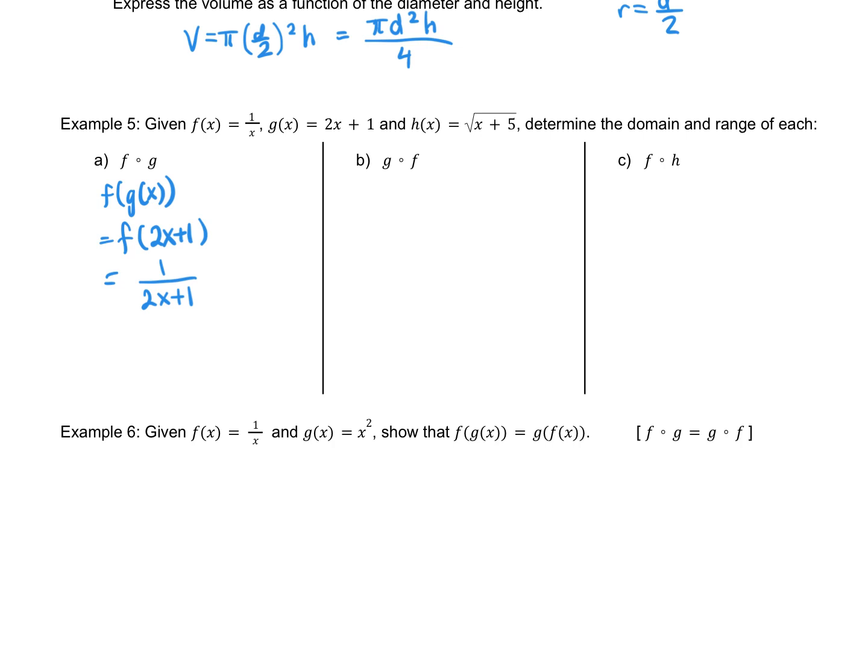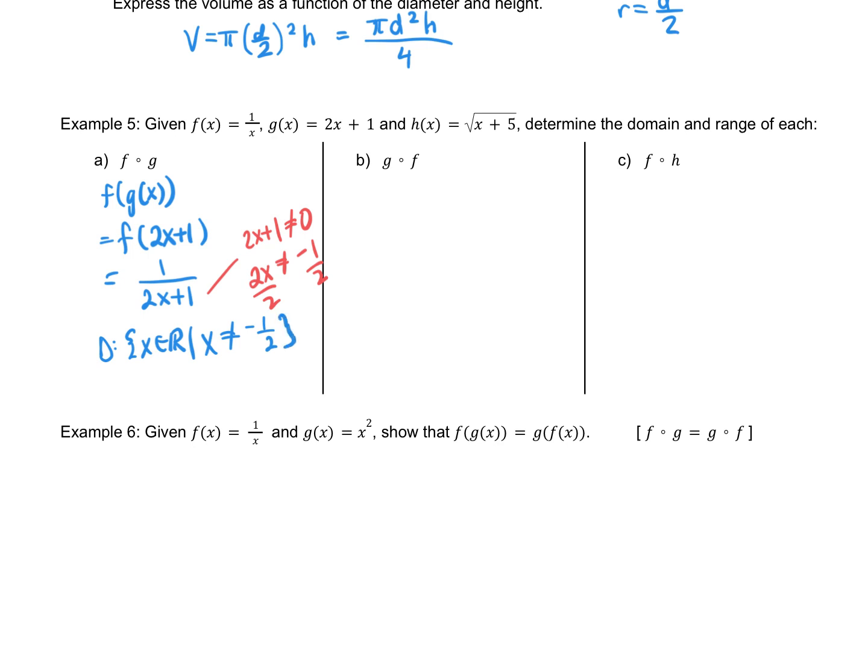Now I know typically my domain comes from the denominator, the restriction there, because you can't divide by 0. Well, for this equation, my denominator is 2x plus 1. So if I were to set 2x plus 1 equal to 0, because it can't equal 0, and I isolate and divide by 2, I get x cannot equal negative a half.